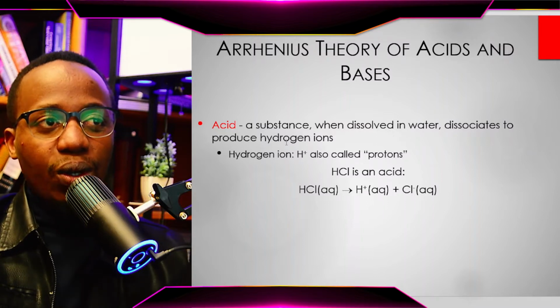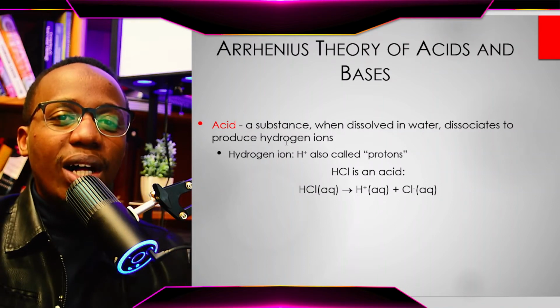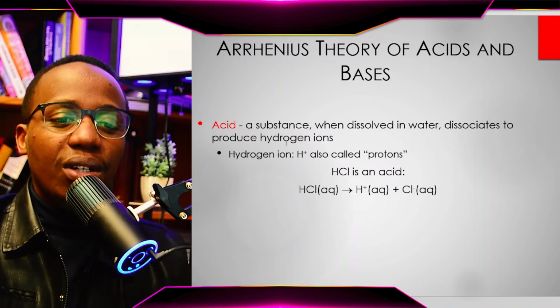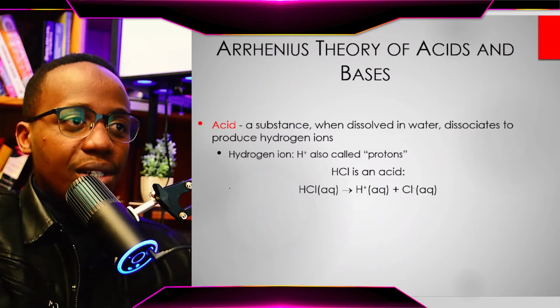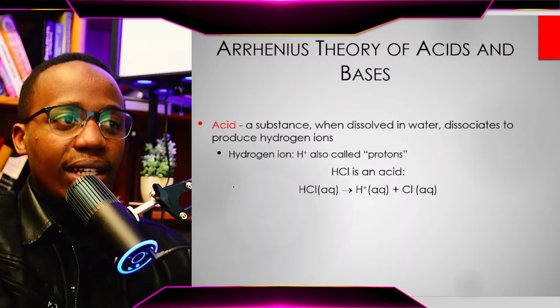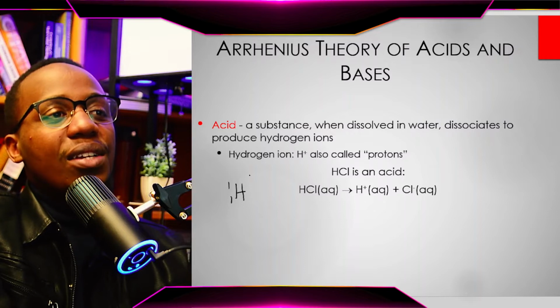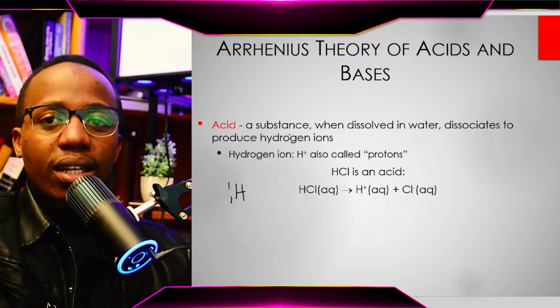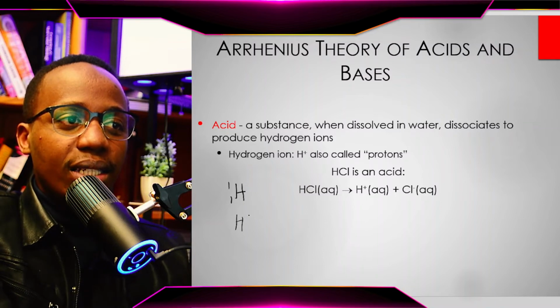And we also call hydrogen ions protons. Now, why do we call hydrogen ions protons? Well, remember that hydrogen has an electron and a proton, right? Well, when the hydrogen atom loses an electron and becomes an ion, H plus, what does it have now?